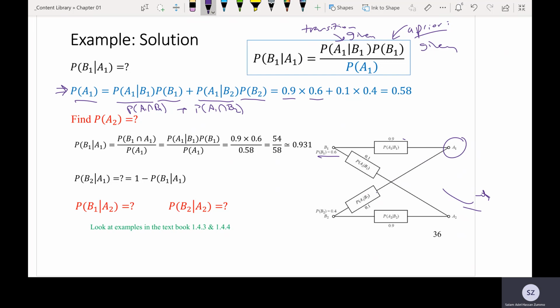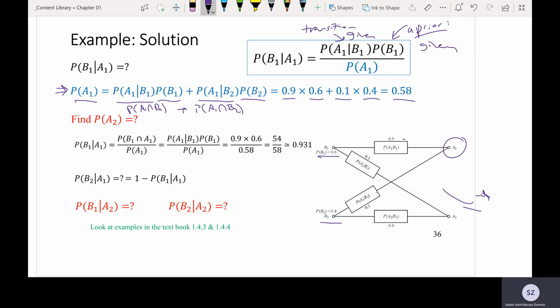So 0.9 multiplied by 0.6, plus the probability of A1 given B2, which is 0.1, multiplied by the fraction of time the source generates B2, which is 0.4, and you get 0.5.